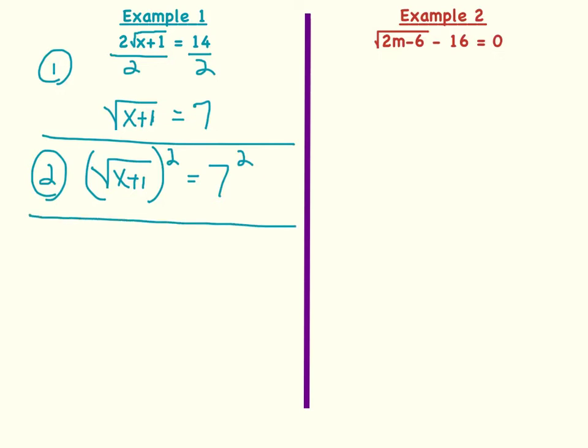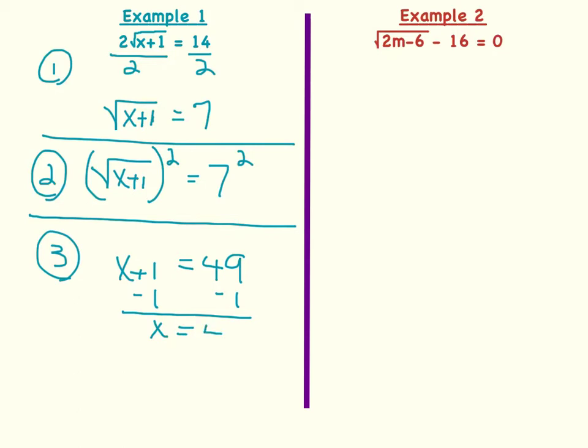So if I have the square root of x plus 1 squared, I know that that is simply x plus 1. And on the right side of the equation, I have 7 squared, which is 49. So to solve for x, this is only one step. I'm going to subtract 1 from each side of the equation so that x equals 48.